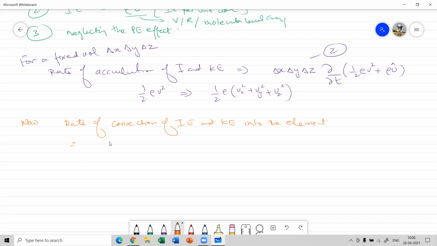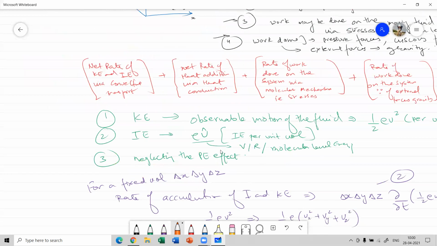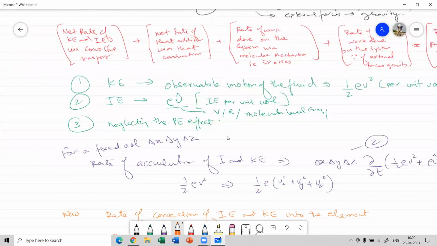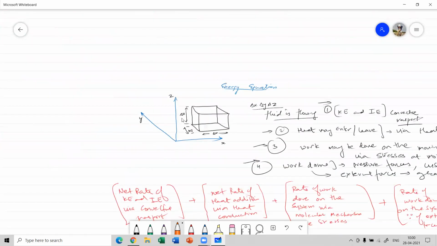So first, if it is entering in the x direction, the area will be delta y into delta z. Let me represent it over here. If it is entering into this direction, the area will be delta y into delta z. Clear?